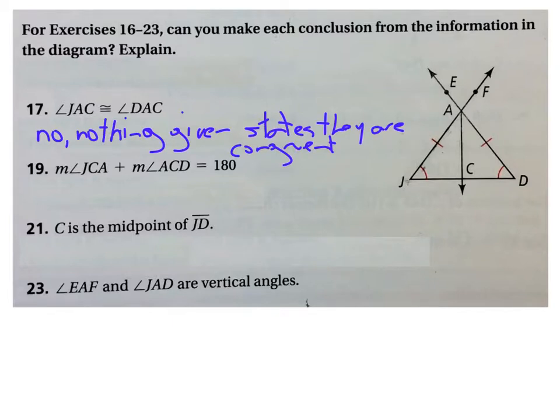So continuing on. Next two angles, angle JCA, J to C to A, and angle A to C to D, added together equal 180. Well, this we are allowed to conclude.